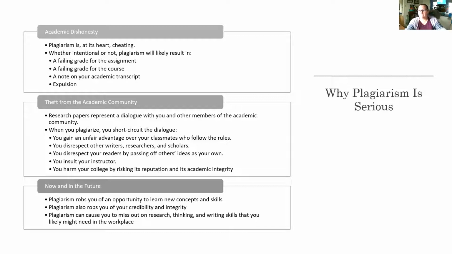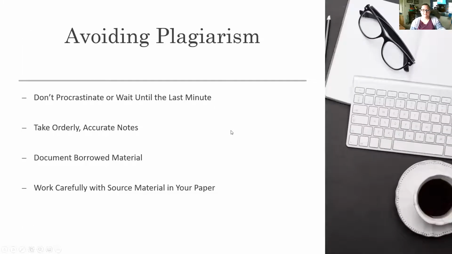So the more you understand about why plagiarism is taken so seriously, what all it entails, and then, as we're going to see, ways to avoid it, the better off you're going to be all around. Okay. So, yes, ways to avoid plagiarism. First, don't procrastinate. Do not wait until the last minute.